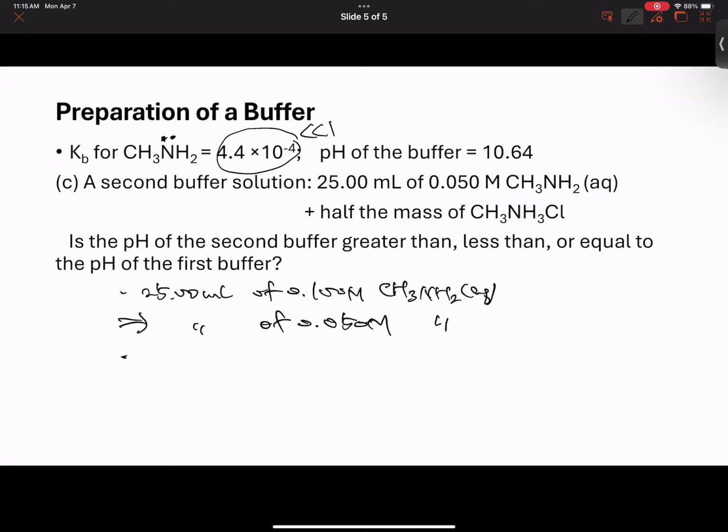And also initially we were using the amount, as we calculated before, 0.169 grams of methyl ammonium chloride was used. Now half of it is used.